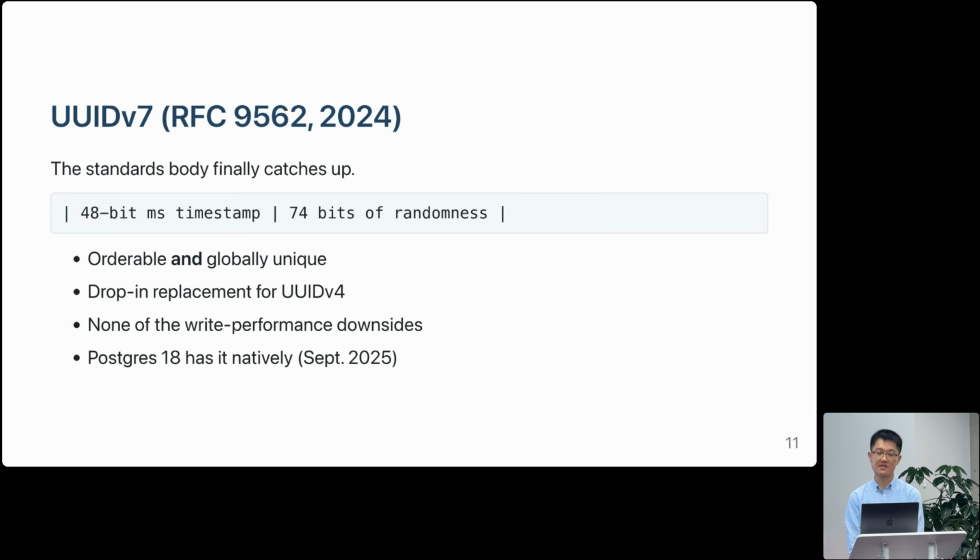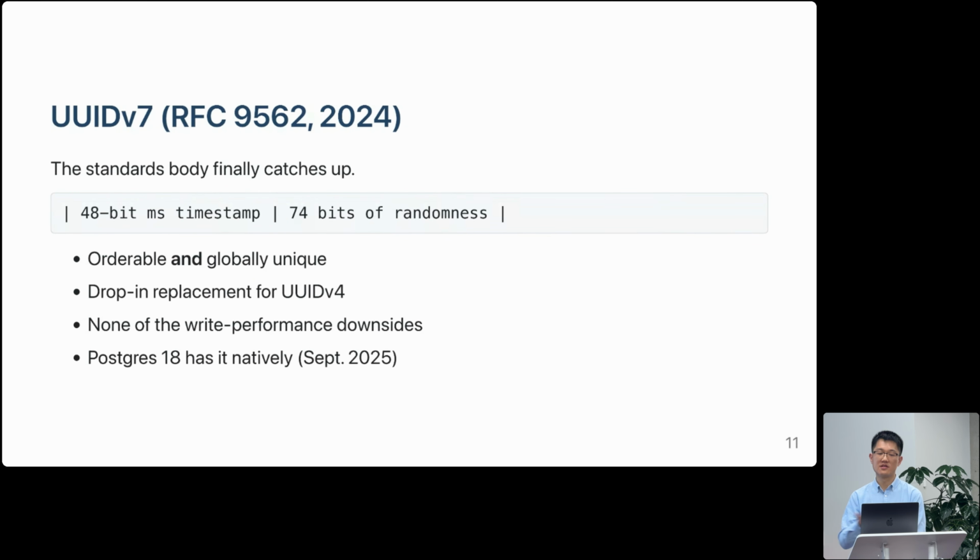UUID v7 solves all the problems that UUID v4 has. It solves it by introducing a prefix timestamp. So rather than having 122 bits of randomness, you have 48 bits at the front. What that meant is that every new UUID v7 that you generated was greater than the previous ones.